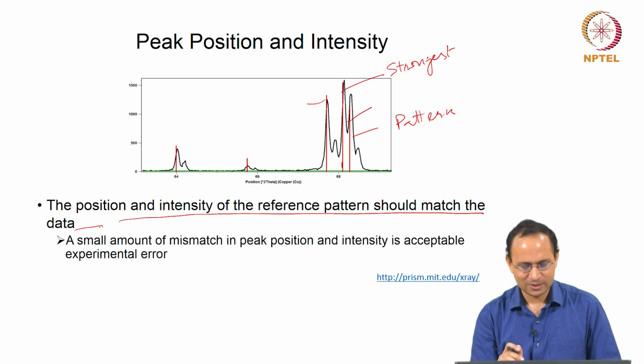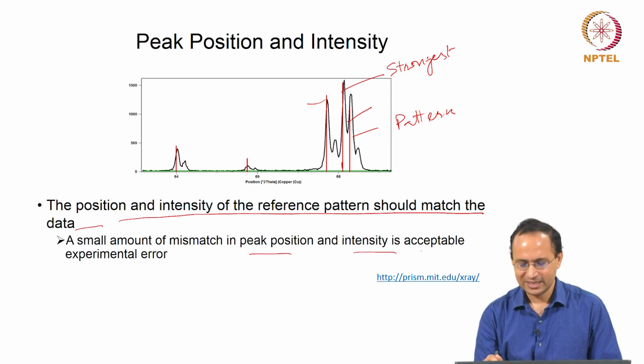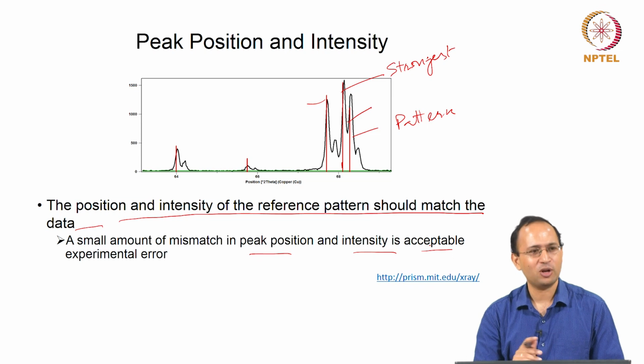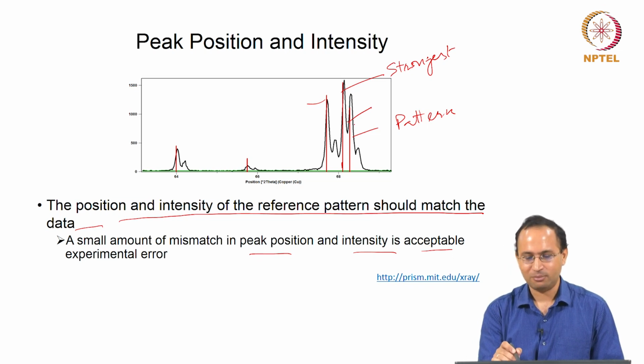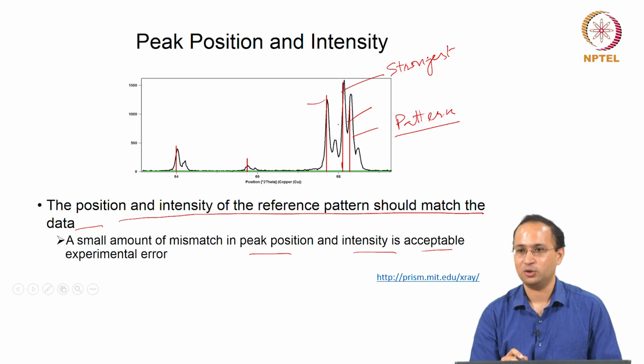A small amount of mismatch in the peak position and intensity is acceptable, a small amount of experimental error, but you can see here it is not that bad, right. You have this X pattern and these red sticks kind of match what you have, right.